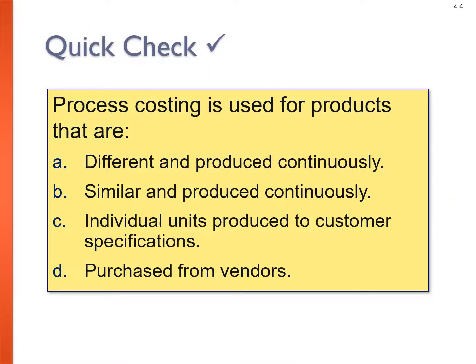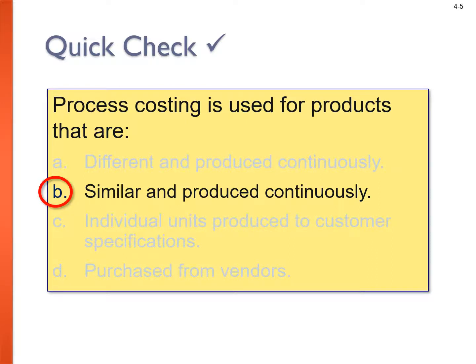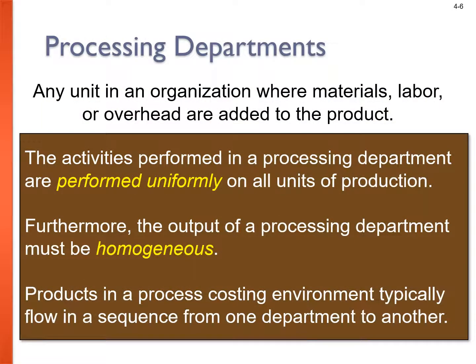So here's a quick check. Process costing is used for products that are similar and produced continuously. Now, we said we process them by departments. So a processing department is any unit in an organization where materials, labor, or overhead are added to the product.